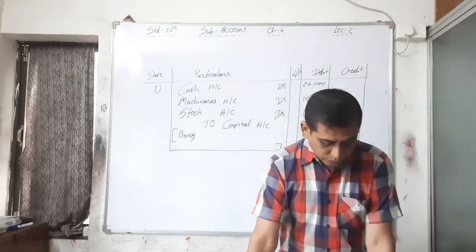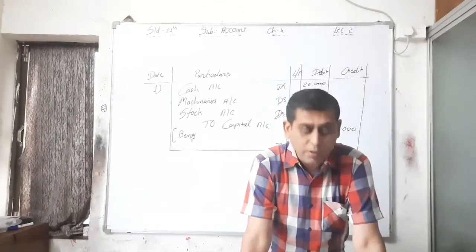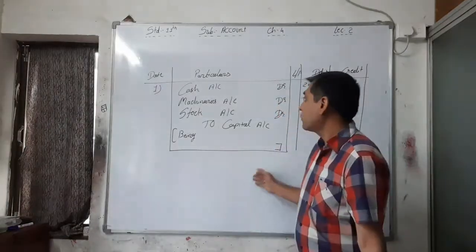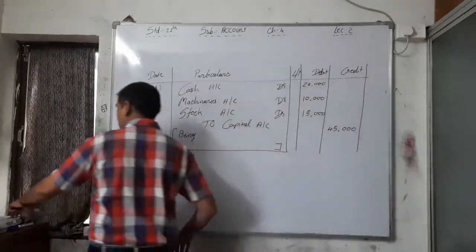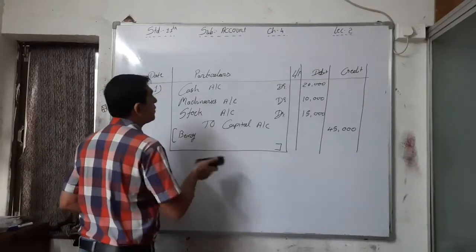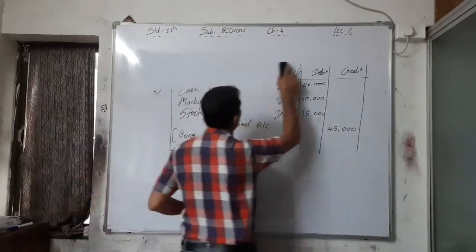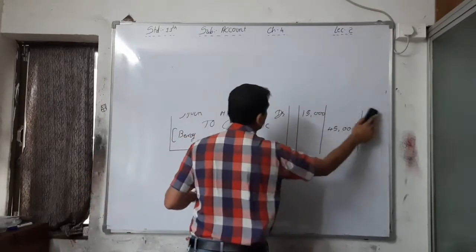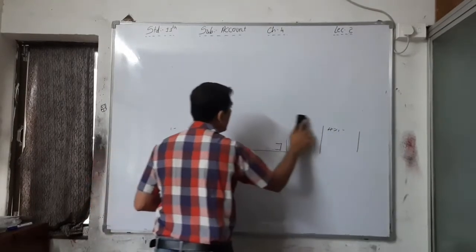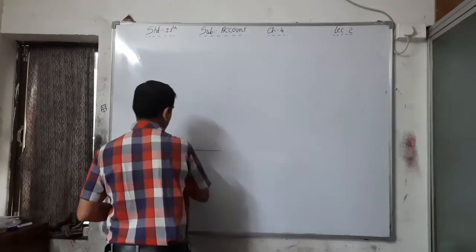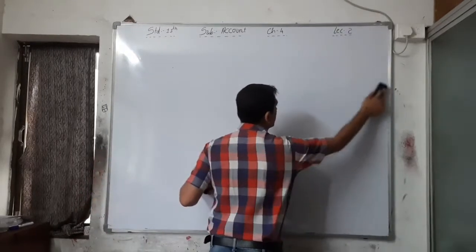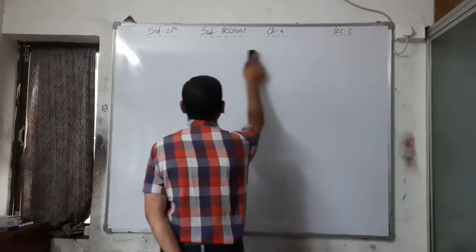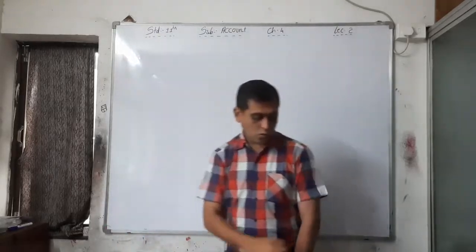See that? See the illustration number 3 now. I am doing that on the board. Please draw a journal entries table. See, who is the party?